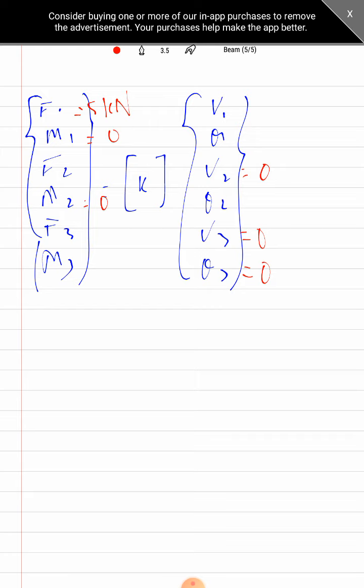So basically we have 6 boundary conditions that can be applied. Okay, so now we can simplify the equation.